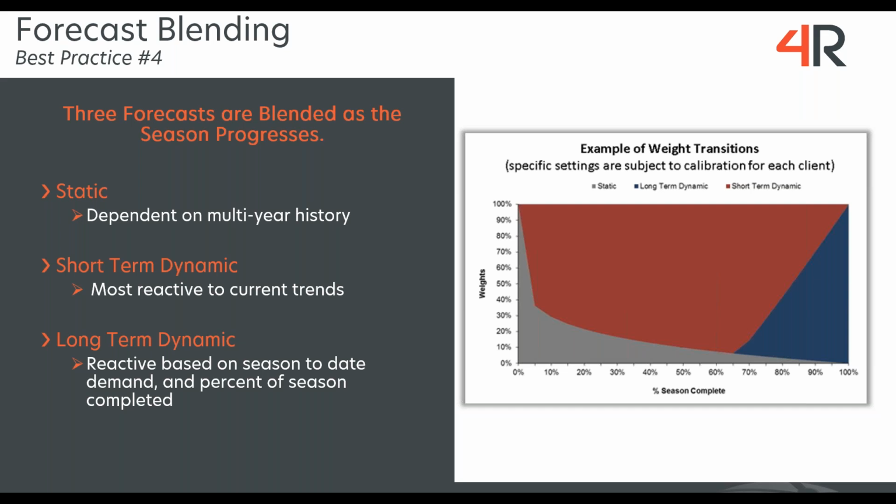But now we need to consider that the end of season is approaching, bringing me to the last piece, the long-term dynamic forecast. Long-term dynamic is still reactive, but also considers the season-to-date demand and the percent of season completed. As the season approaches the end of its life, we should consider the likelihood that inventory will sell once it is in the stores, given the amount of time left in the season, and allocate accordingly.